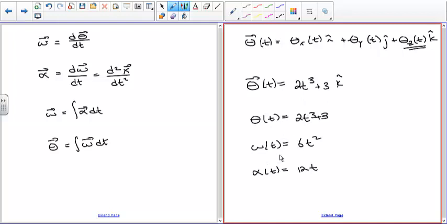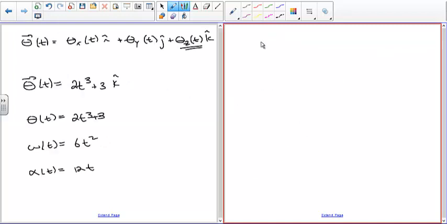Now, in a couple of these problems, we're given omega, so you could go either way. If omega as a function of time was 5t squared plus t, then we could calculate the angular acceleration by taking the derivative of omega of t with respect to t.